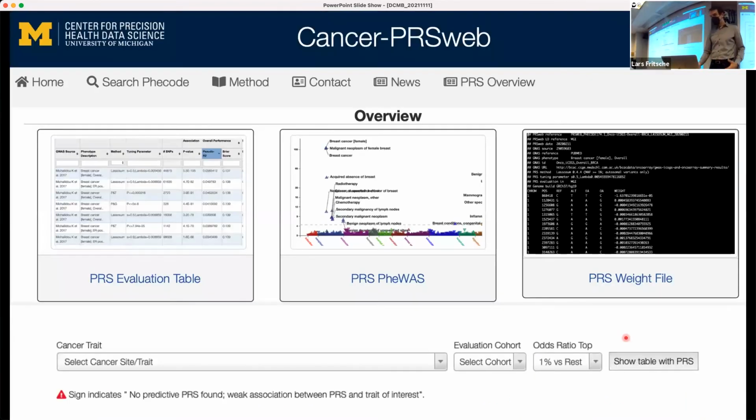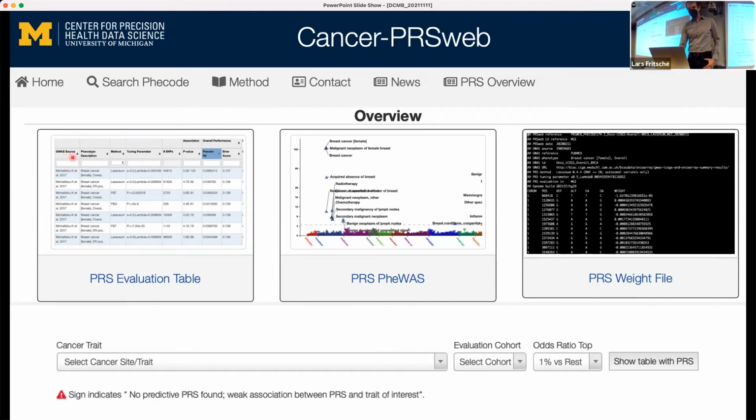Okay, and so basically now I'm sharing the platform itself, and we call this platform Cancer PRS Web. And so this is the first instance of PRS Web. We plan to expand this for other categories in the future, but as for now, we focus on cancer traits because we have this huge enrichment in MGI. And when you Google PRS Web as one word, you usually find this as the top hit here.